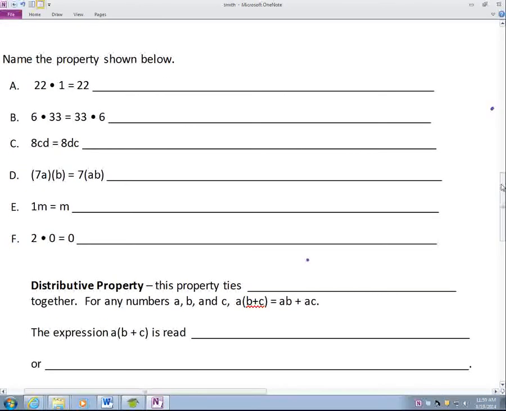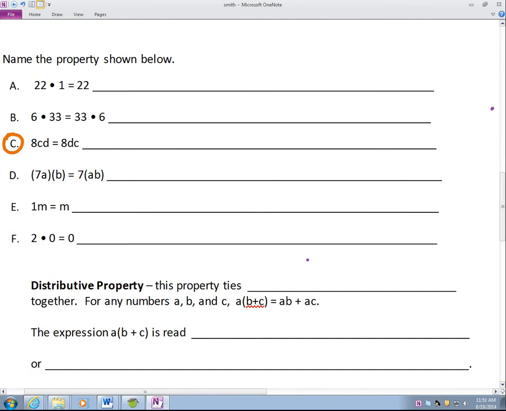Name the property below. I'm going to do the first one with you. Then I'm going to be coming around and checking your homework as you try a couple more. This one in particular is tricky. So we have 22 times 1 equals 22. Which property is that?